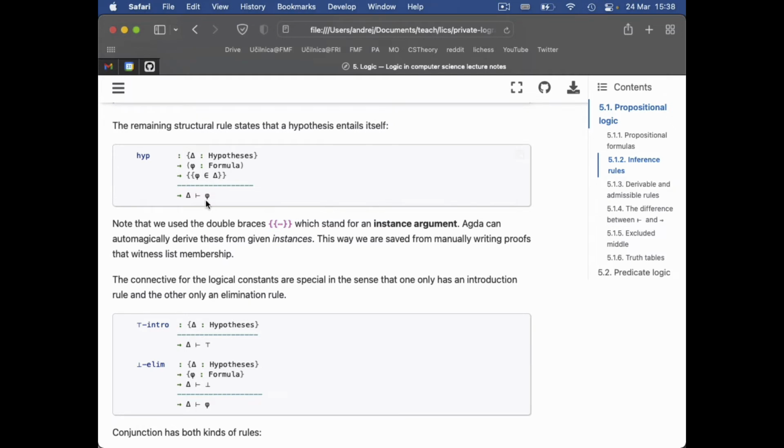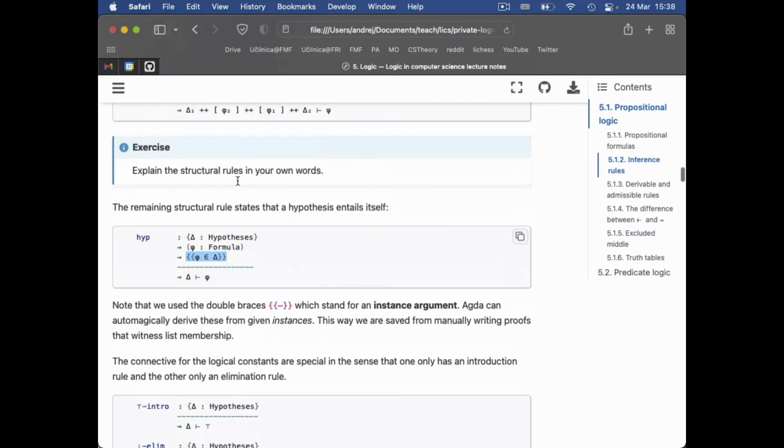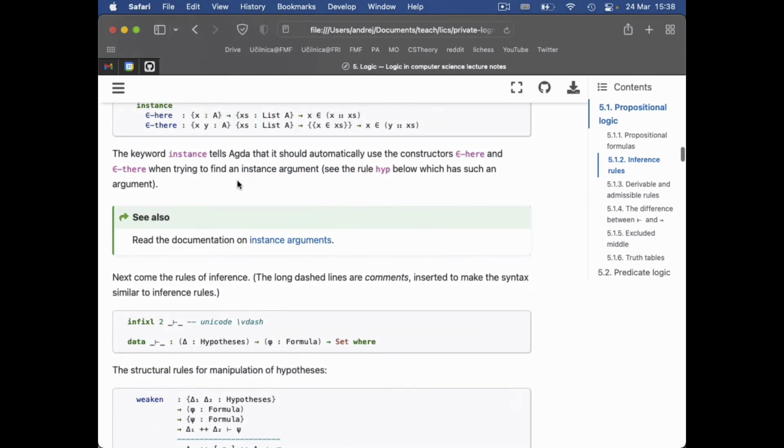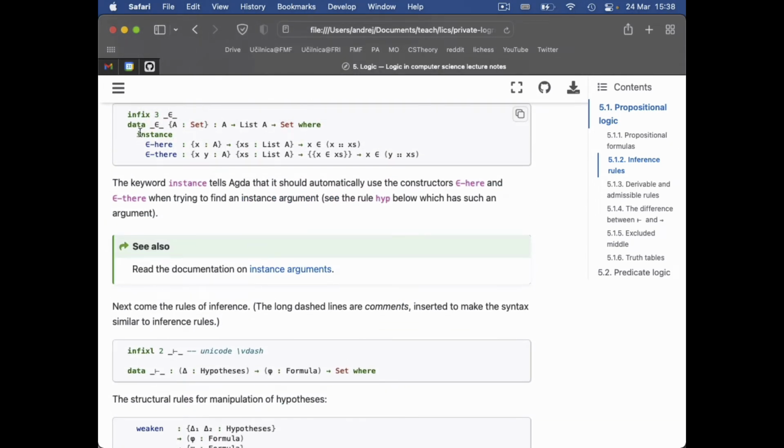So how close to the variable rule is it? Well, if we're quite exact, this thing here is a proof that the formula appears in my list, which is defined up here somewhere. It says I have A, an element of A, and I have a list, and I want to know whether this A appears in this list. And the elements of this will give you the positions where this A appears in the list.